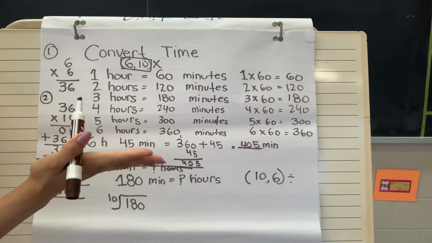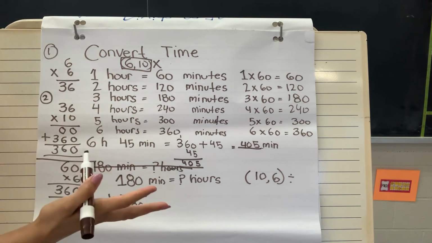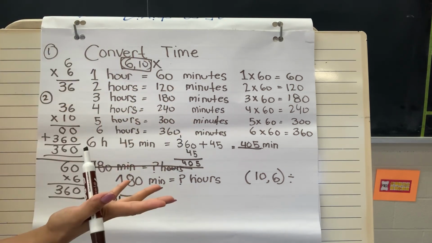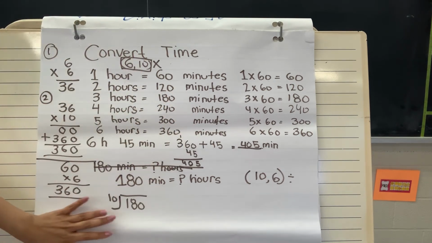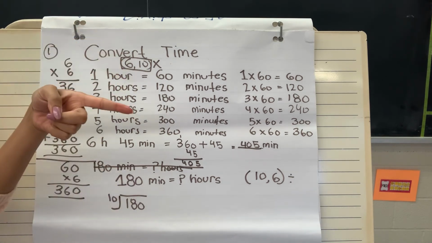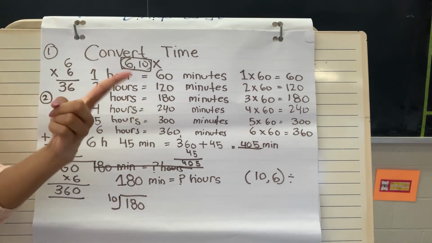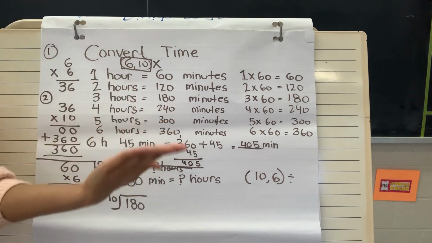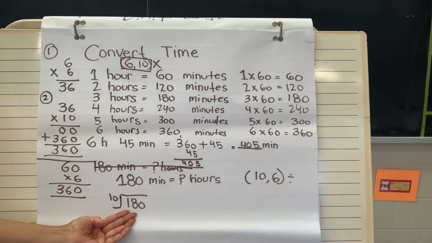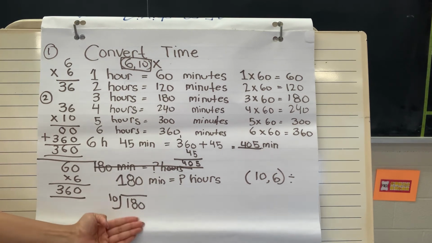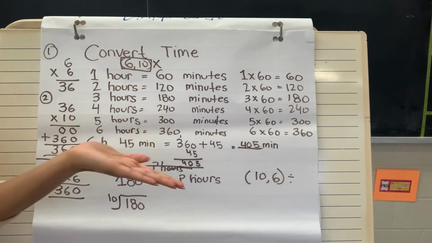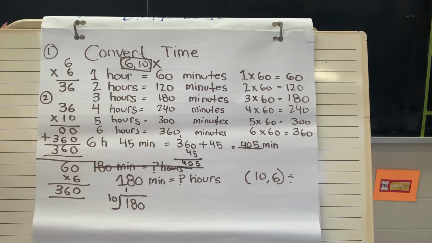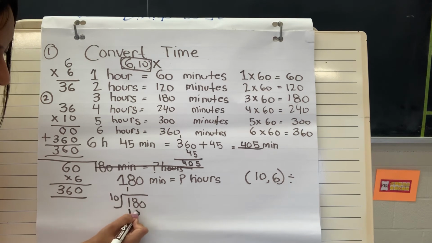We know we would never find 18 in the 10 times table, but the closest we can get to is 10 times 1, which gives us 10, because 10 times 2 would be 20. We are not looking for 20, that would be way too big. We are looking for something 18 or close to or less than 18.